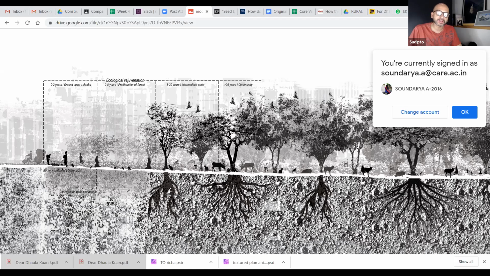And in that jhurmut is the actual home of insect and reptilian life. That also creates its own ecology right at the foot of the tree, creating a space where evaporation is protected, but also small animals and insects and birds find habitation underneath in the undergrowth. So the undergrowth is also so important.